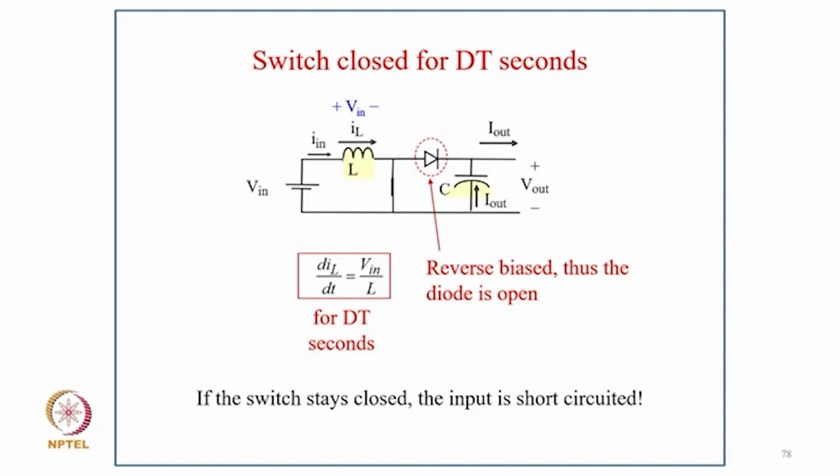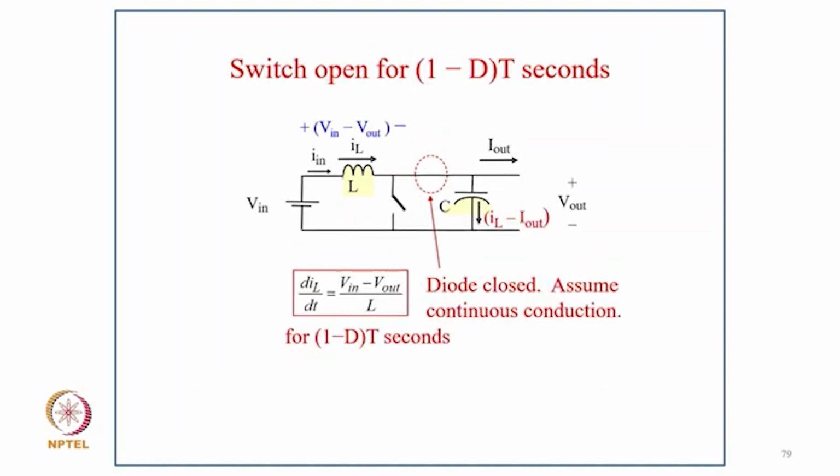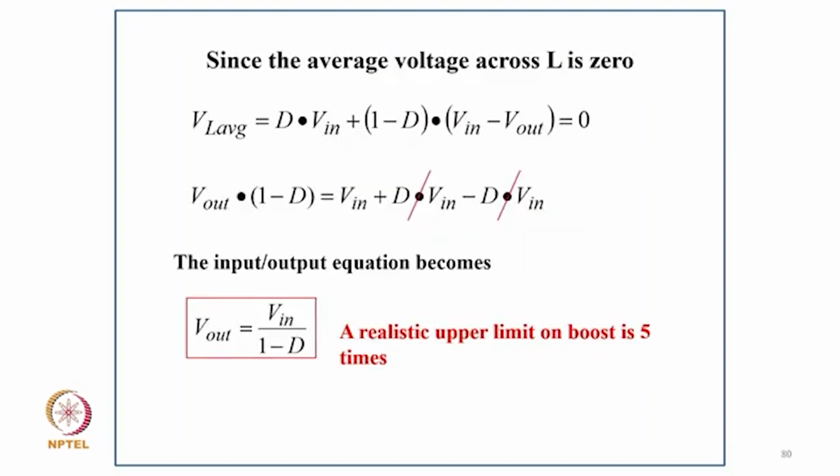If the switch stays closed, the input is short circuited. During the switch off period, the diode conducts and we have L dI by dt equal to Vin minus Vout, so dIL upon dt equals Vin minus Vout upon L, and the current decreases because Vout is more, so this becomes a negative slope. The diode is closed, assuming continuous conduction, for the operation of 1 minus D seconds.